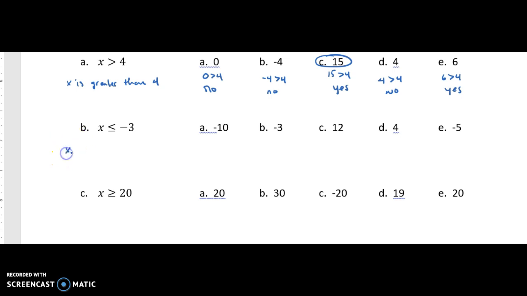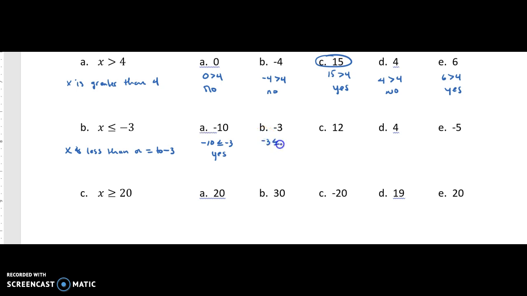The next one, x is less than, in this case, or equal to -3. Okay, so first one is -10 less than or equal to -3, right? Is -10 smaller than -3? That's a yes, right? You're in debt more dollars.